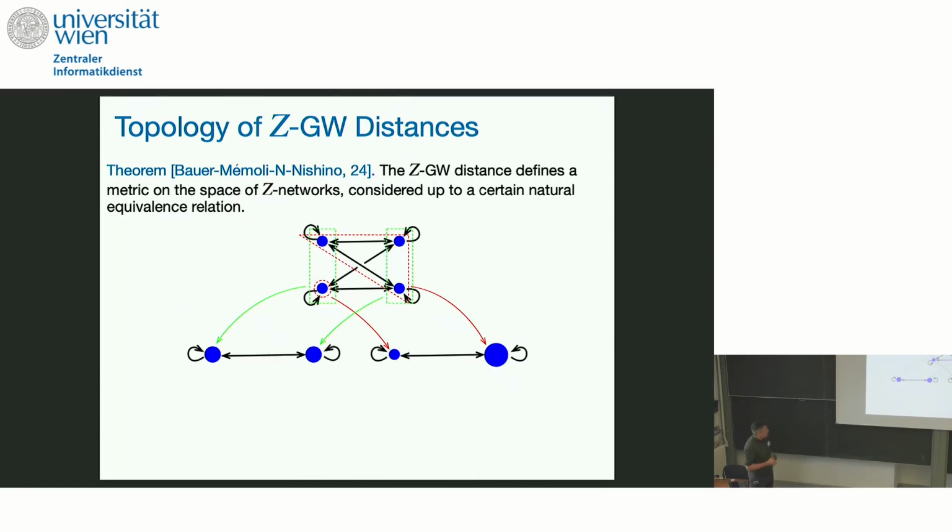Okay, great. Let's go back to the general Z-Gromov-Wasserstein setting. Like I said, the point of the paper is we can prove things in general about Z-Gromov-Wasserstein distances, which then automatically apply to all these variants, and you don't have to keep reproving the same theorem over and over again. As a first theorem, the Z-Gromov-Wasserstein distance defines a metric on the space of Z networks considered up to a certain natural equivalence relation, which I'm not going to say exactly what it is, but as I said before, we could say exactly what gets distance zero, and it's a relatively natural thing to describe.